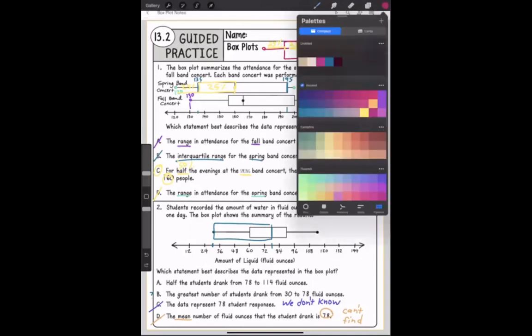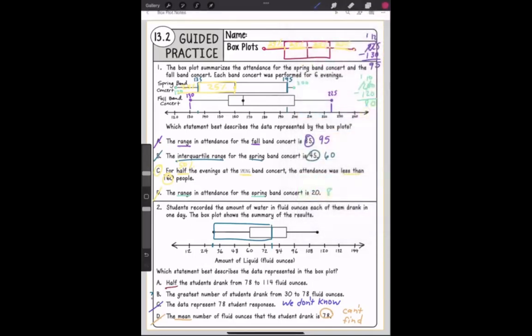The first one says half the students drank from 78 to 114. Again, 78 is right here. This would be 114. And again, that is half, because this is 25%, and this over here is 25%. 25% plus 25% equals 50%, and 50% is half.